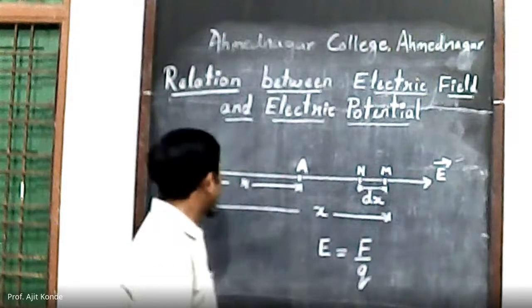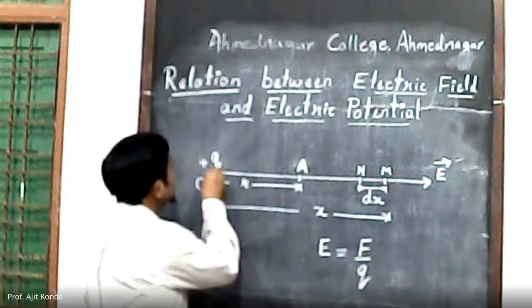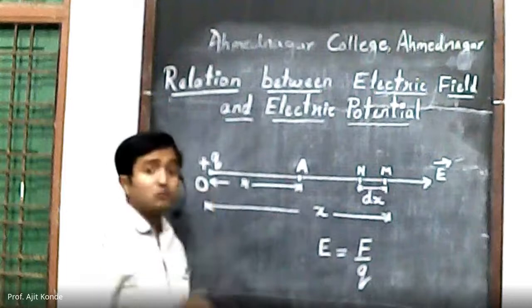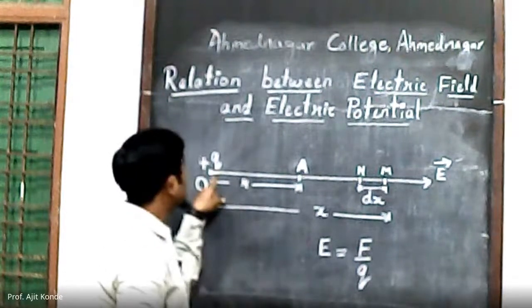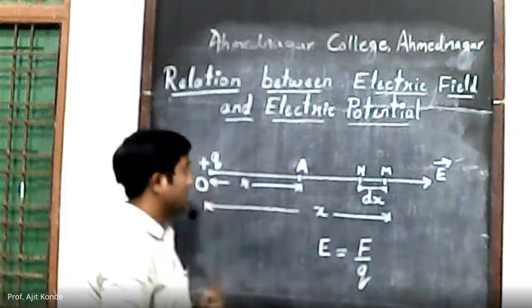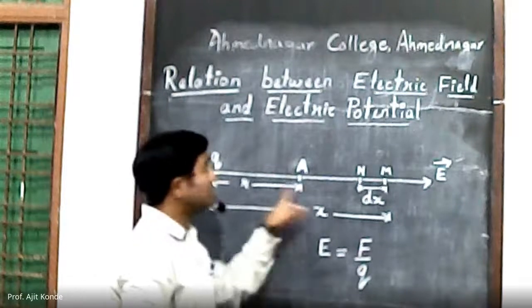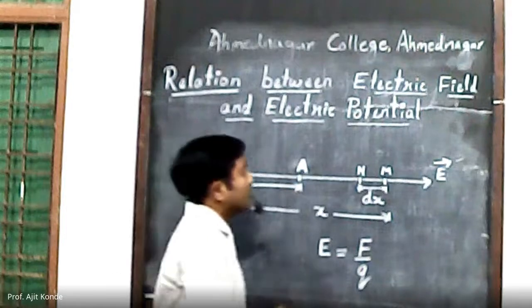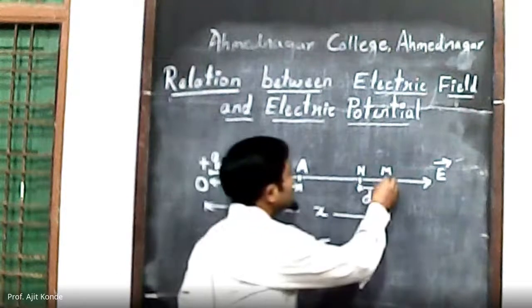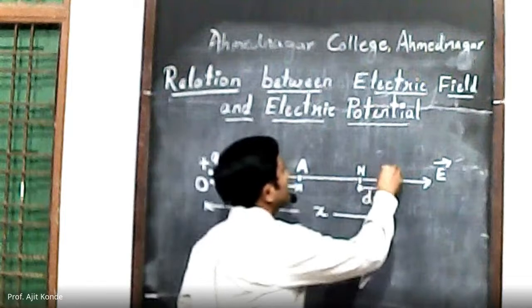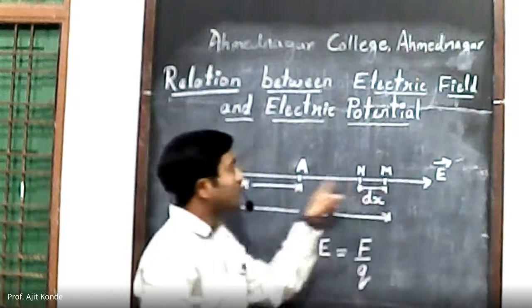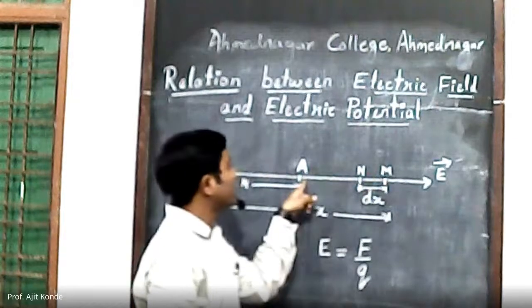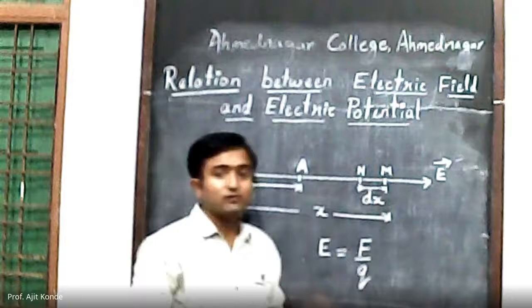When we see this diagram, we have a plus Q charge at point O. Then we have to find the potential at point A. For that, we have to move the charge from point M to A. The work done to move a charge from point M to A gets stored in the form of potential energy.